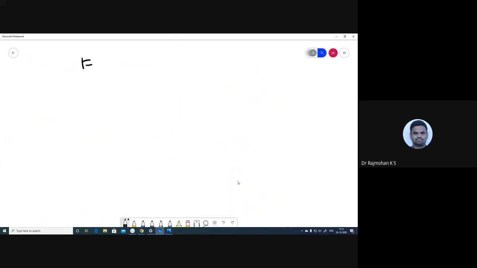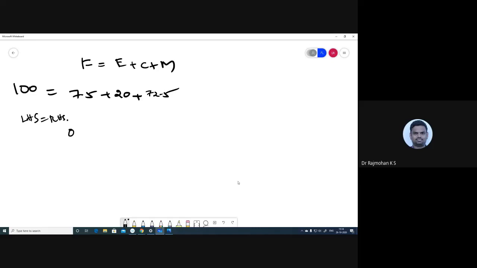The overall material balance is F equal to E plus C plus M. Here F equal to 100, E is 7.5, C is 20, and M is 72.5. Is the summation equal to 100 or not? If LHS is equal to RHS, our values are correct. That is, we have verified it.